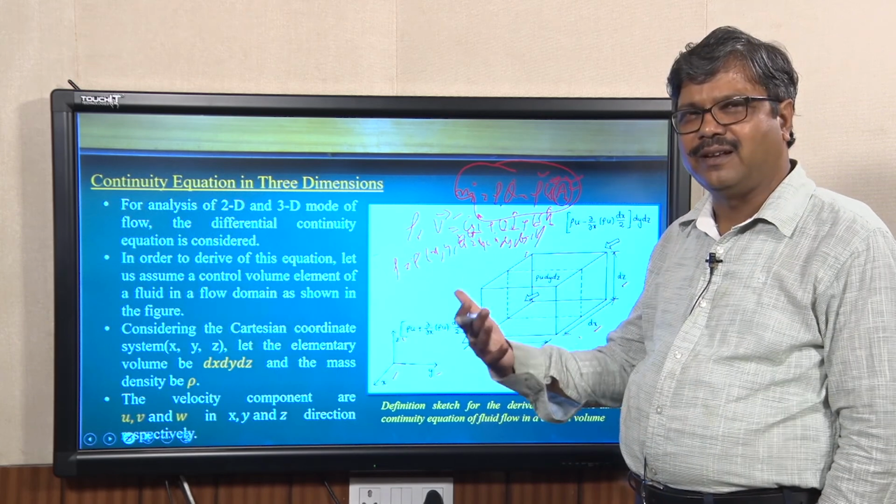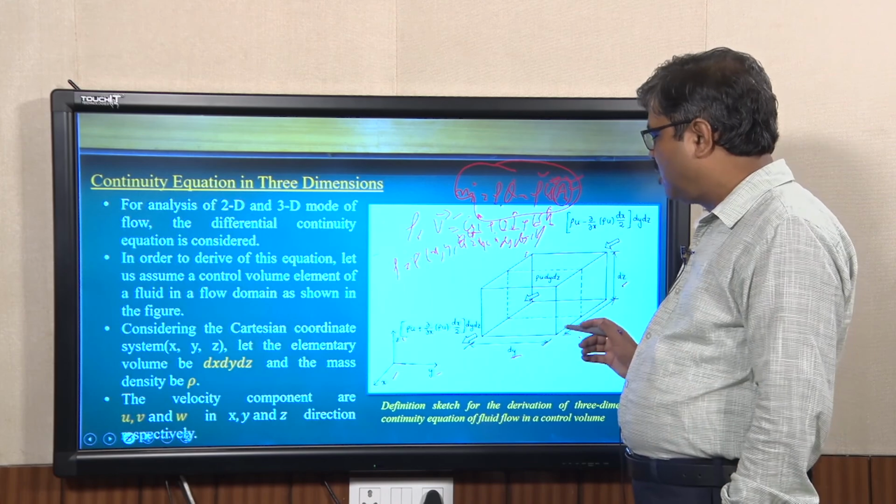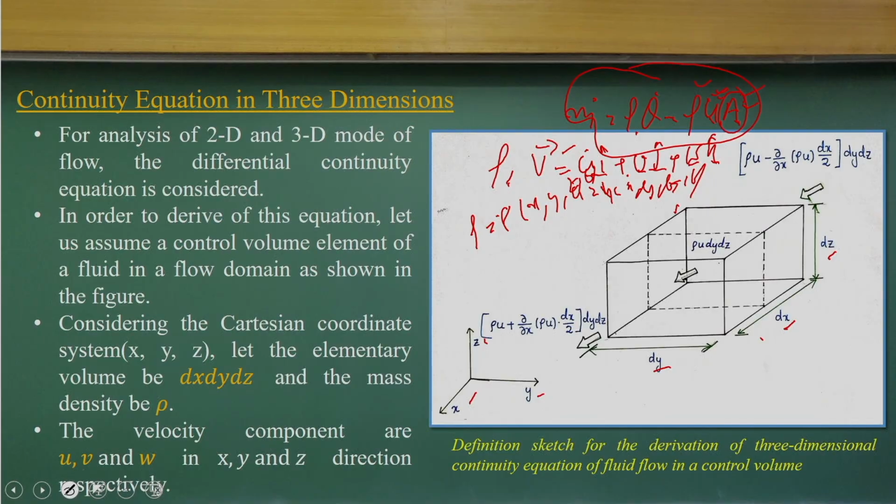But looking at this small control volume, I just try to know what is the net mass influx going in the x direction, the net mass influx going in the y direction, and the net mass influx going in the z direction. That summation should be equal to the mass change in the storage of this control volume.